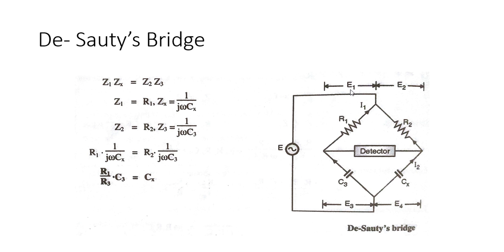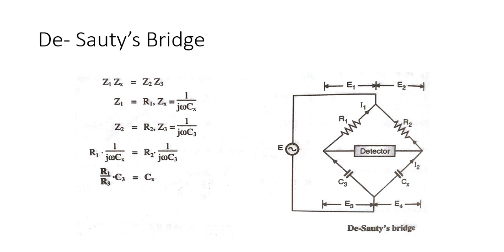This is your E1, so you can calculate the drop across this one. Similarly, this is E2, this is E4, and this is E3. So this is a very simple bridge. We know that the equation of a balanced bridge is Z1 into Zx is equal to Z2 into Z3.